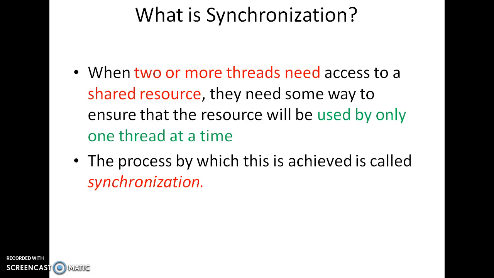Synchronization means that when two or more threads need access to a shared resource, it should be ensured that the shared resource is used by only one thread at a time, so that we avoid thread interference. The way of achieving this is called synchronization.